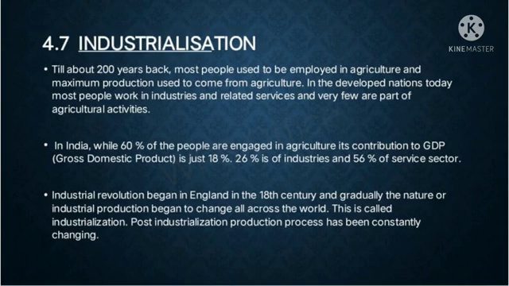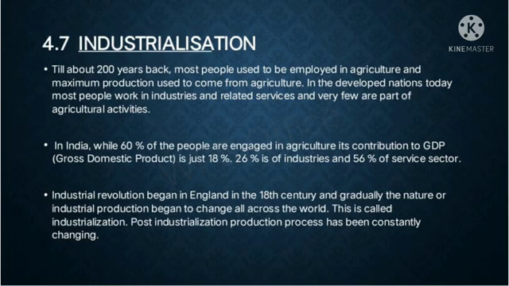Next topic is industrialization. Till about 200 years back, most people used to be employed in agriculture and maximum production used to come from agriculture. In the developed nations, today, most people work in industries and related services, and very few are part of the agricultural activities.